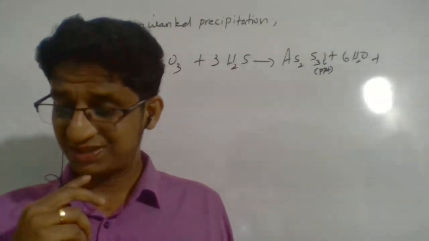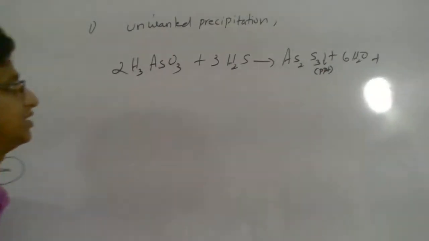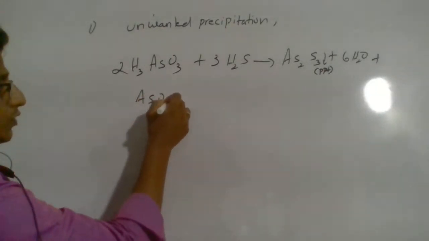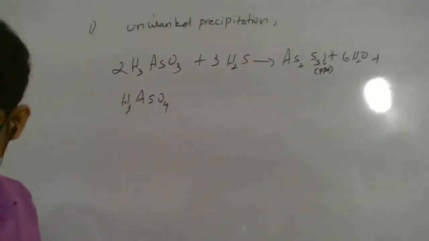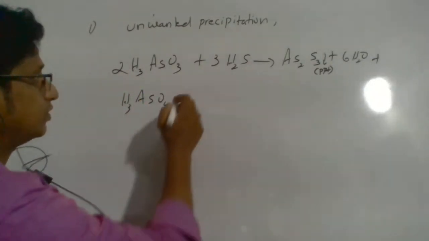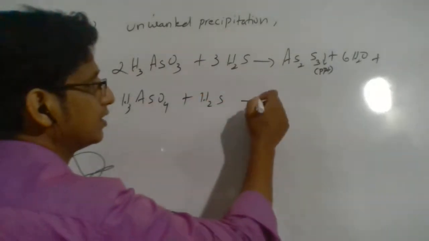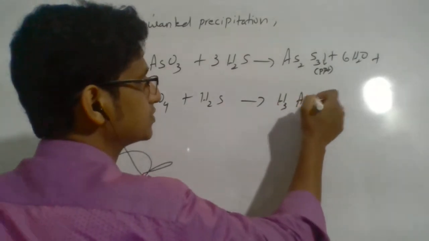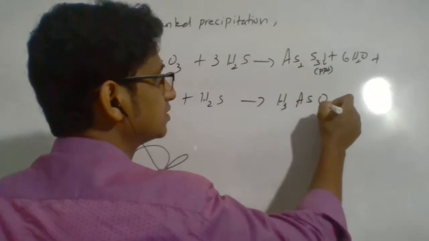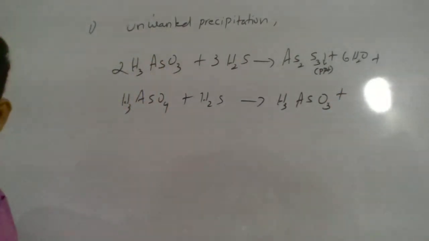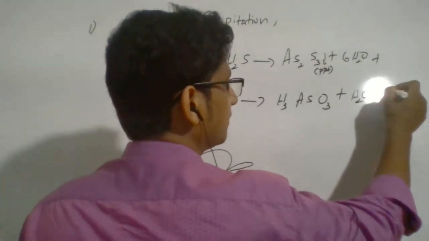Another point you can check is how arsenate causes interference. Arsenate, AsO4 3-, in presence of acid forms arsenic acid, H3AsO4. In presence of hydrogen sulfide, it first forms H3AsO3, plus water plus sulfur.